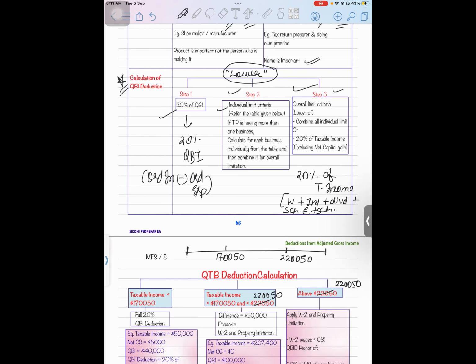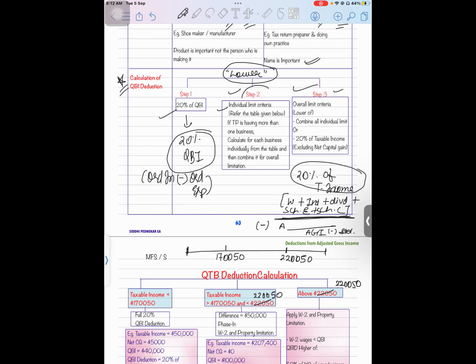You have to just sum it up, and after reducing the adjustments, you receive AGI, right? After AGI, you are going to reduce the standard deduction. Once you reduce everything and take all the benefits, that amount is your total taxable income. 20% of that, or 20% of QBI. These two amounts are locked.